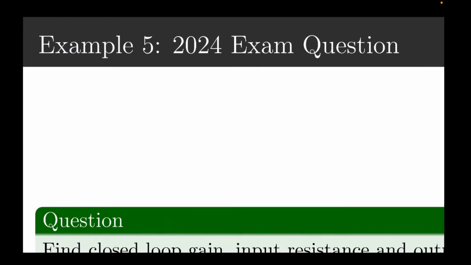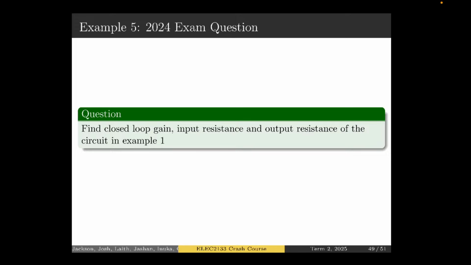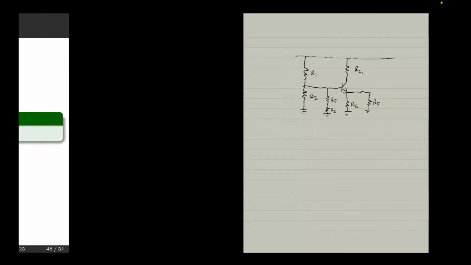Now we'll finish the rest of example 1, because example 1 is a 2024 exam question. 8 minutes, let's see how far we get. Okay, we're going to try and find the closed loop gain. I'll show this circuit again.